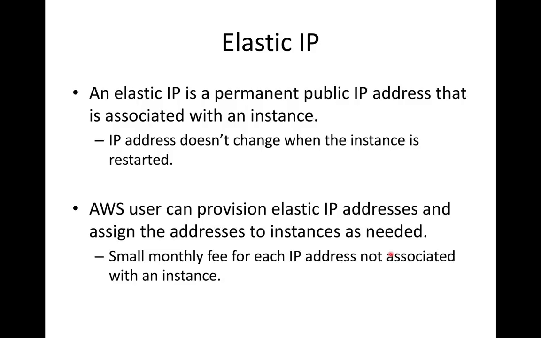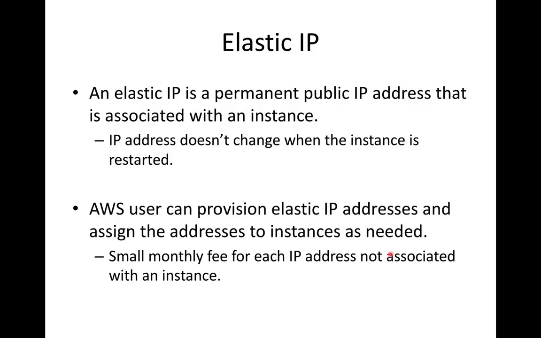One thing to note about these elastic IP addresses is that if you request an elastic IP address, but then you don't allocate it to an EC2 instance, then AWS will charge you a small monthly fee. I think it's around $1 per month for that elastic IP address allocation, or reservation in that case, because you actually haven't allocated it yet to an EC2 instance.